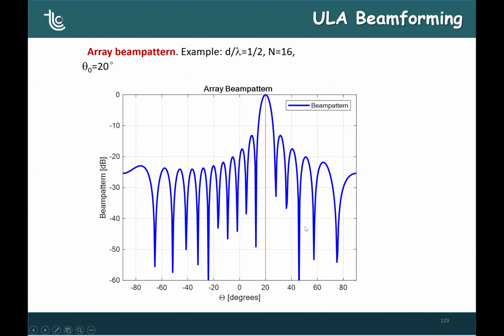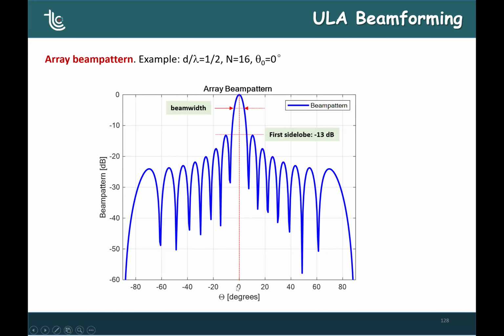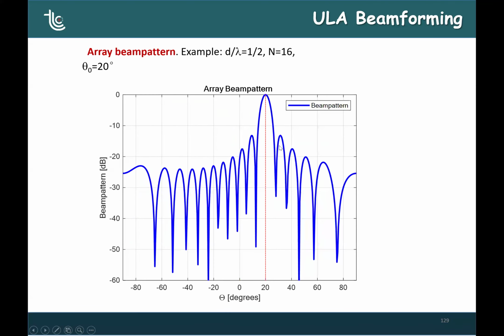So you see that as far as we point the array in an angle that is close, say between -60 degrees and 60 degrees around the boresight, we still have a good main lobe, with a decent beam width, so a decent resolution in angle.